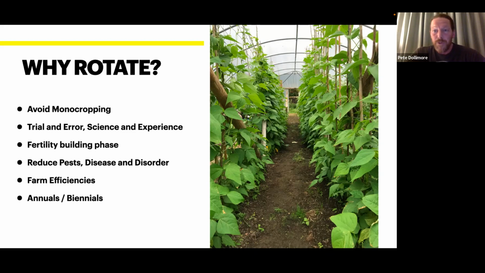A lot of it is about avoiding things building up, and I think everyone's familiar with the concept of trying to trick the pests and the diseases a bit. But also if you can design intelligently, you may find that you can actually improve your soil through the rotation and therefore avoid fertility problems and soil structure problems.